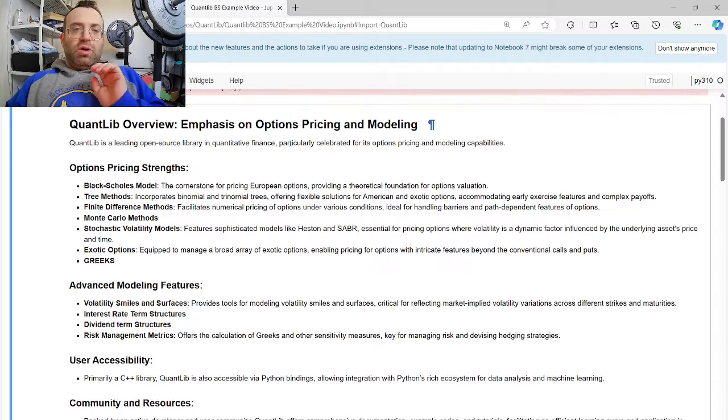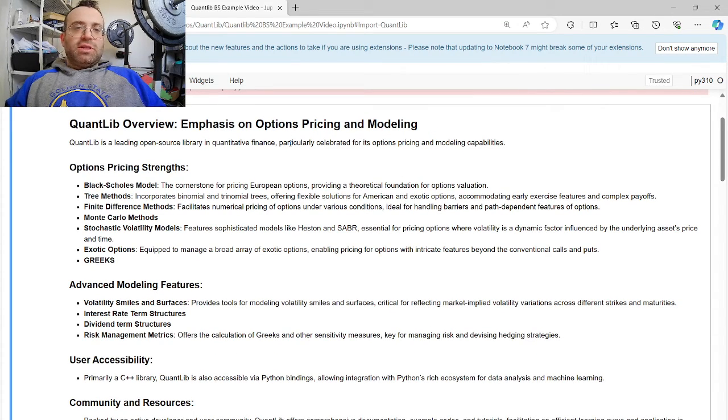So anyways, in this video, I'm going to be talking about QuantLib and give you guys an introduction to QuantLib. QuantLib is like a super duper package for anything in quantitative finance. It has the most sophisticated options pricing models, all the ones you read in academic journals. So it has things like the Black-Scholes model, and then more complicated tree methods, finite difference methods, Monte Carlo methods, stochastic volatility methods, jump methods, all these other things.